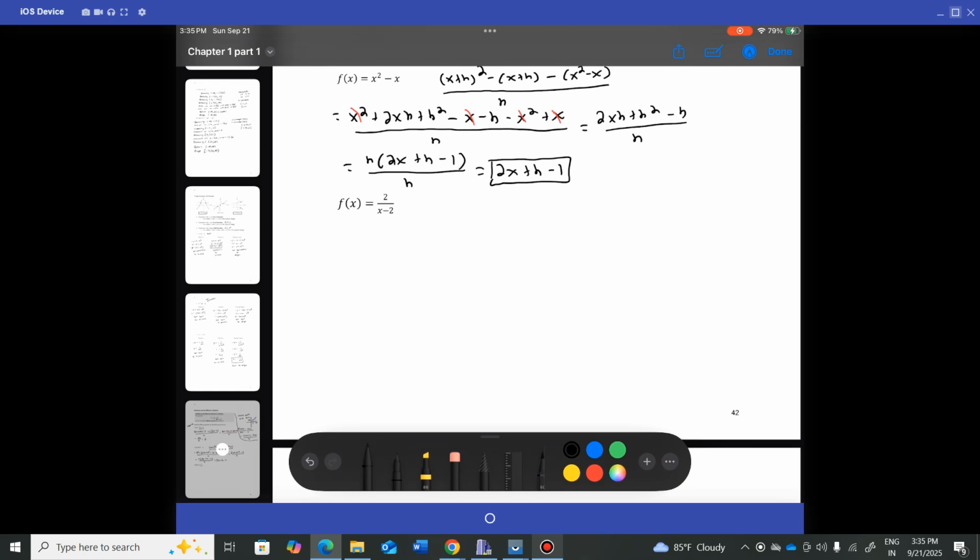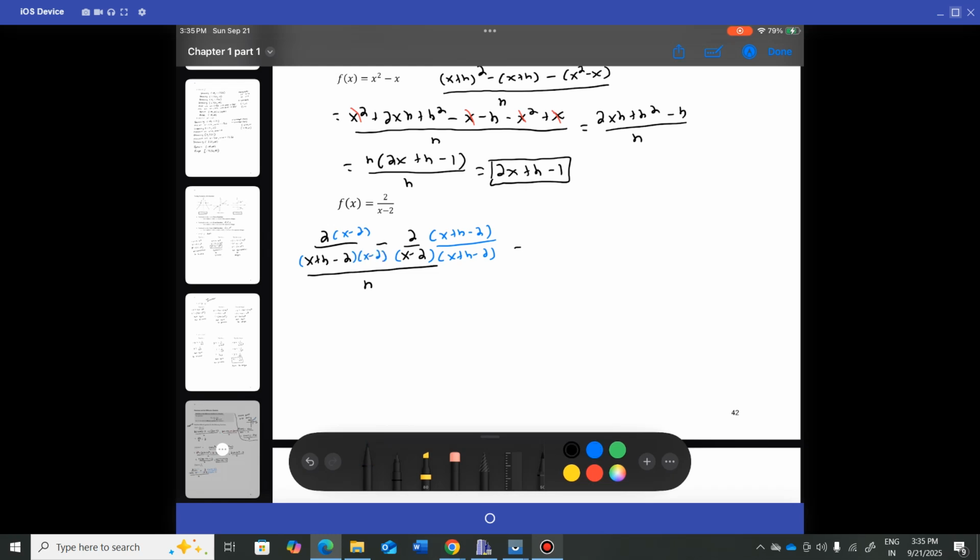So 2 over x plus h minus 2, minus 2 over x minus 2, over h. So we're going to find the common denominator, which is just multiplying the right by the denominator on the left, and multiplying the left fraction by the denominator on the right.